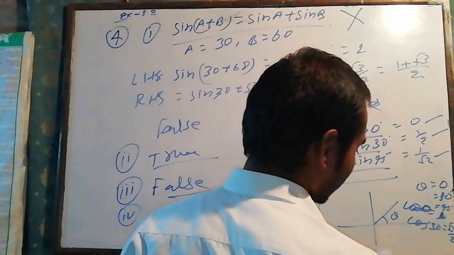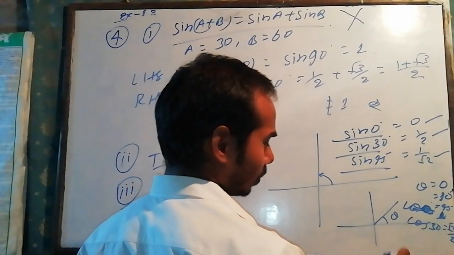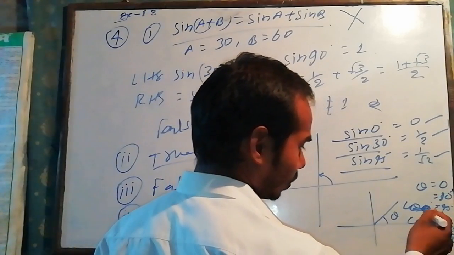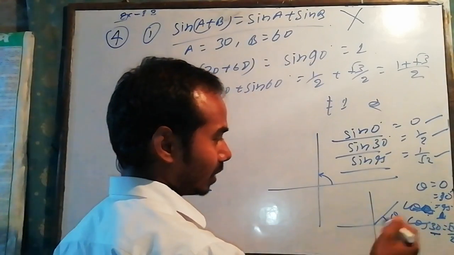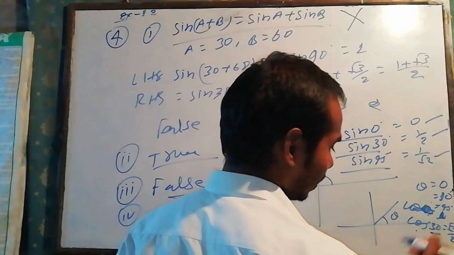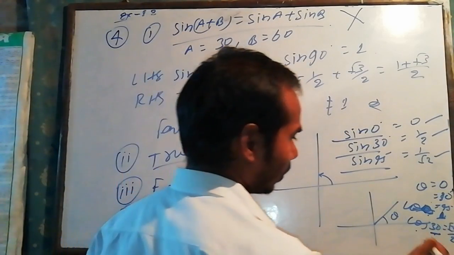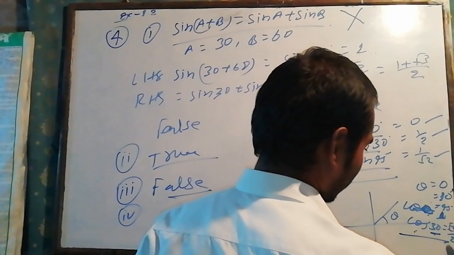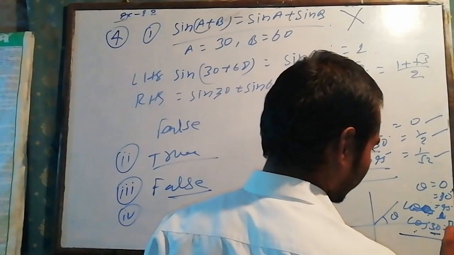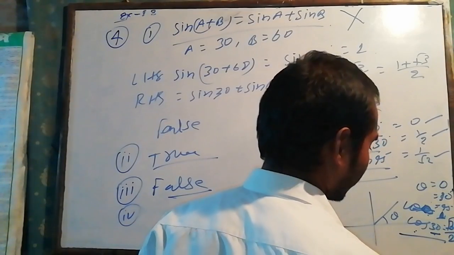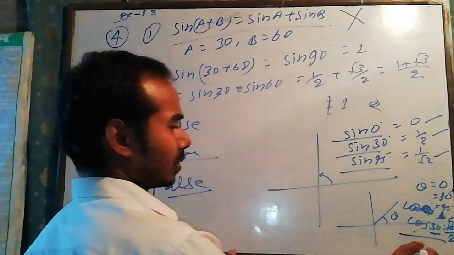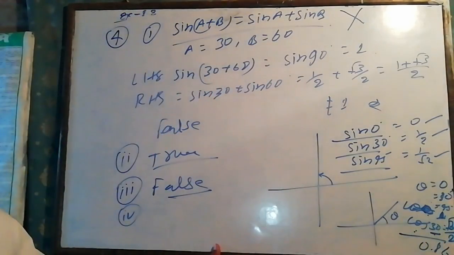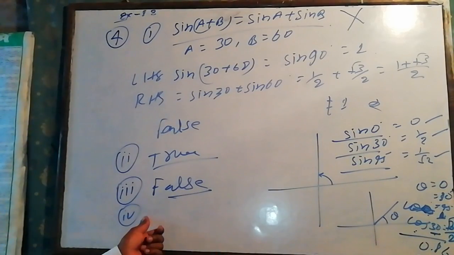So as theta increases from 0 to 30, the value decreases, not increases. Cos 30 equals root 3 by 2, its value is approximately 0.86. So it is false.